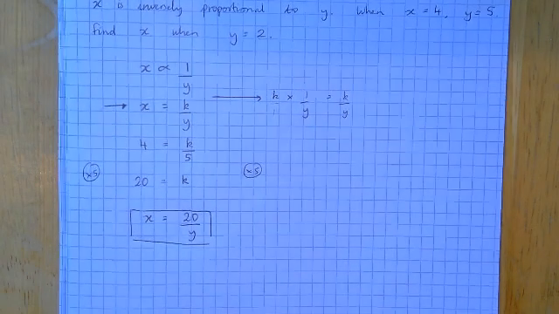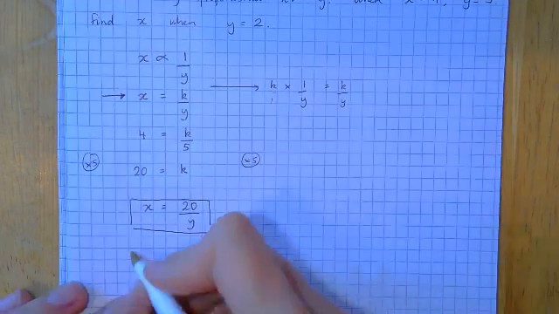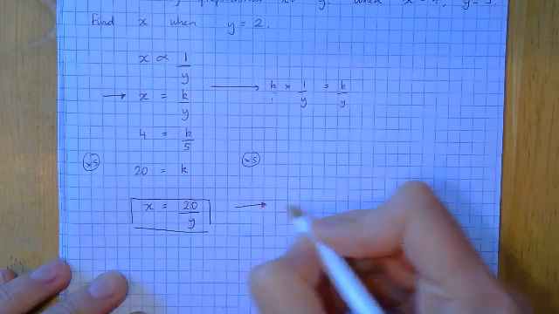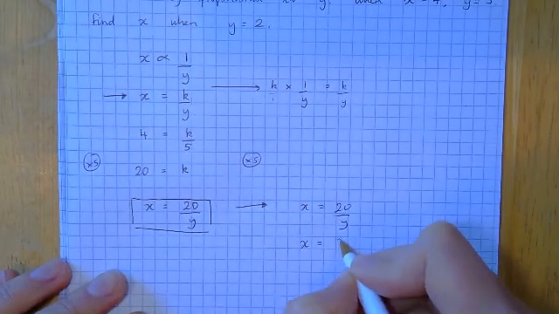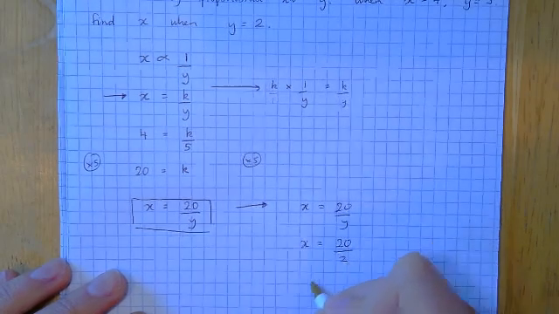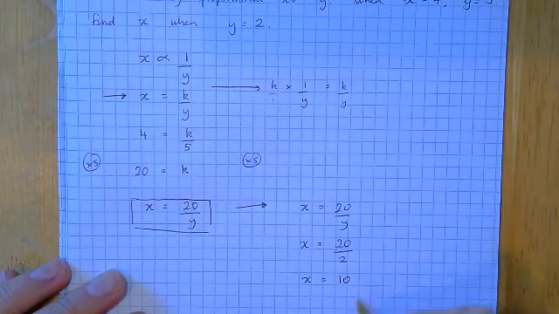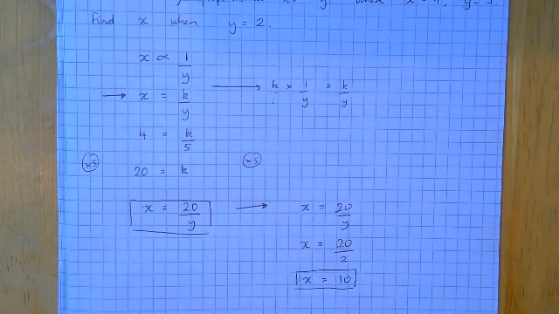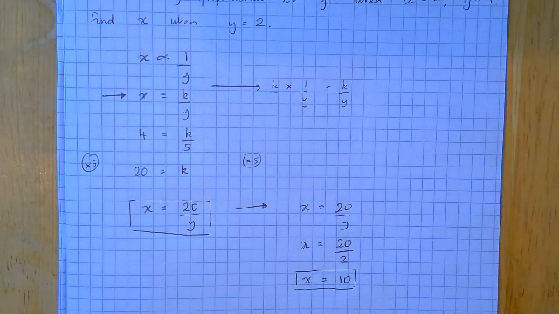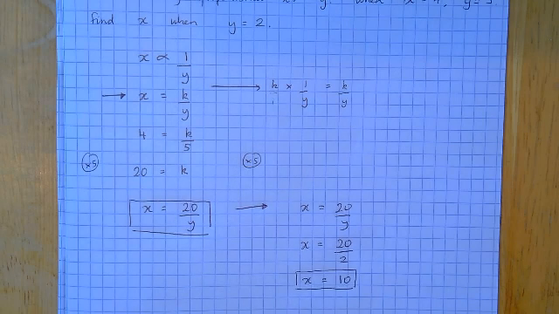Right, and now what do I need to do? I need to find X when Y equals 2. So I'm going to use this formula now. It's 20 over 2, which is 10. So that would be my answer to the second part of the question. And again, we could have inversely proportional to m cubed, or the square root of p.